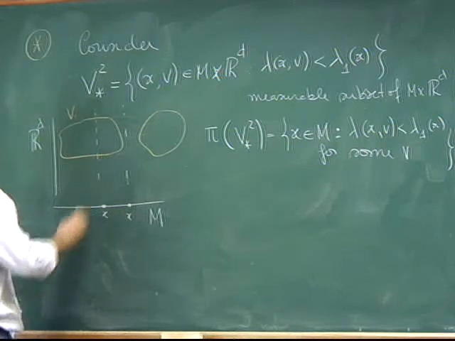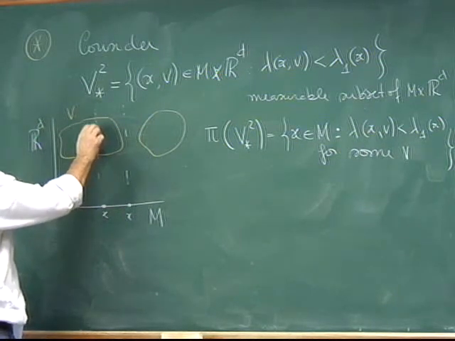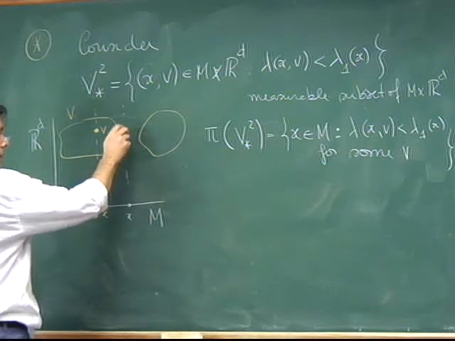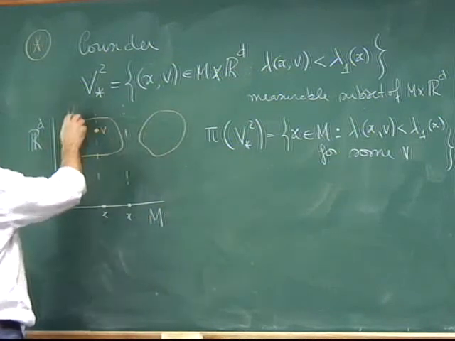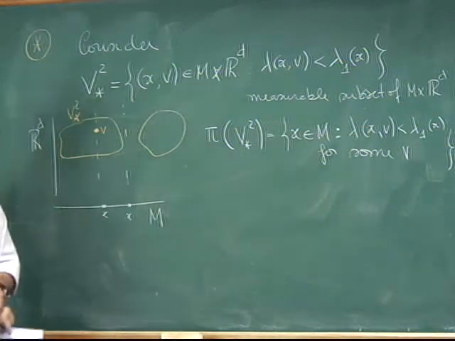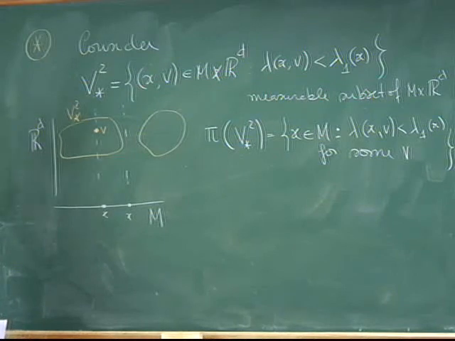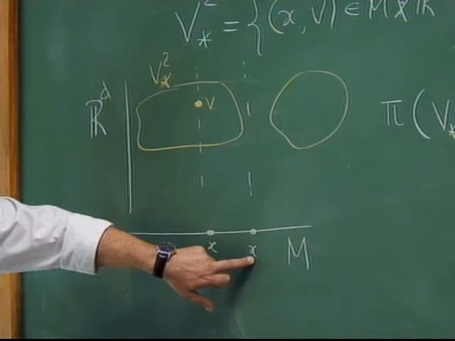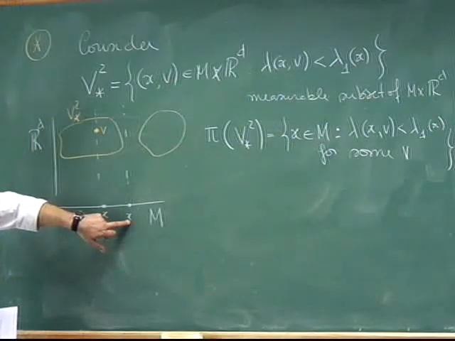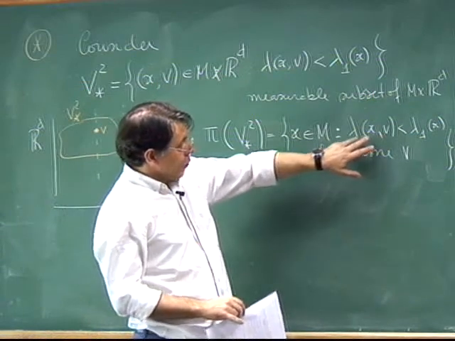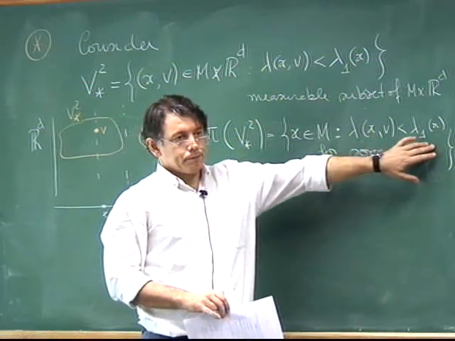If there is some vector here, then x is in the projection. If there is no vector of V2 star, then x is not in the projection. Now, what does it mean that x is not in the projection? It means that there exists no vector v where lambda is smaller than lambda_1.